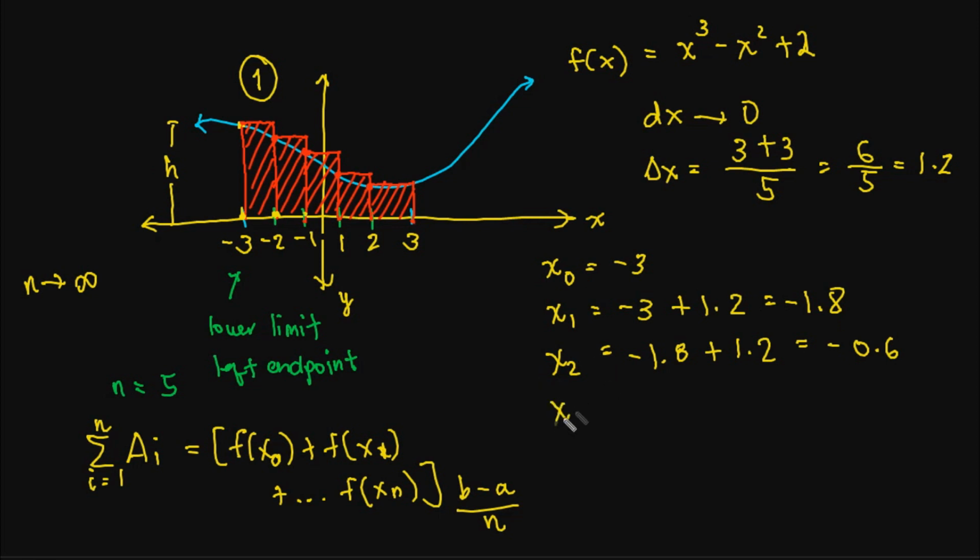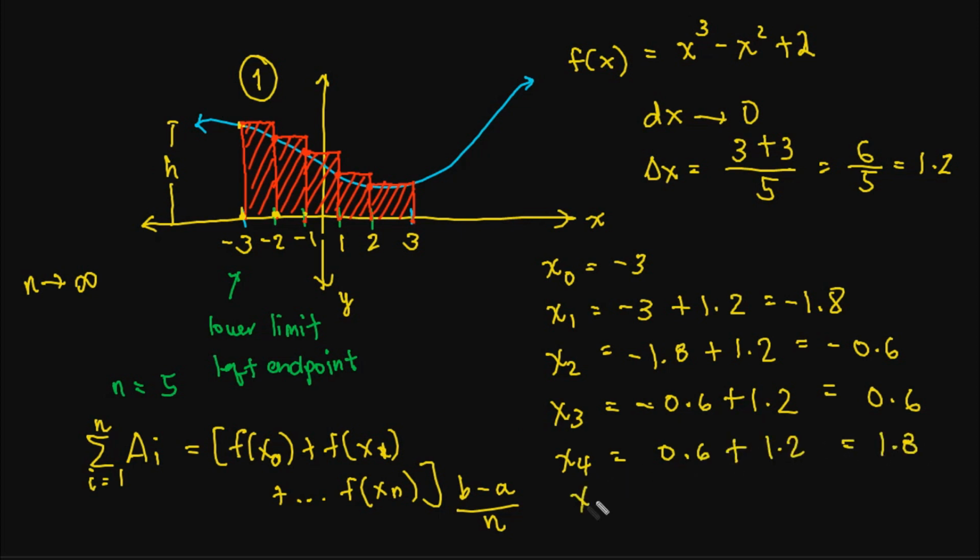Now how about x sub 3? So x sub 3 should be negative 0.6 plus 1.2. So this gives you positive 0.6. Okay, and then x sub 4 should be 0.6 plus 1.2. This gives you 1.8, and then x sub 5 should give you 3.